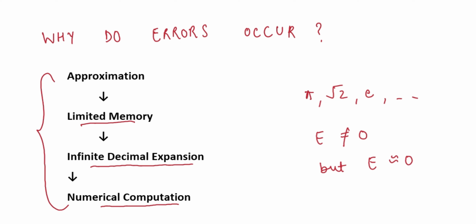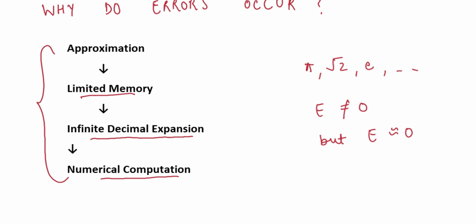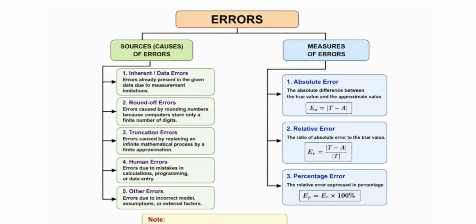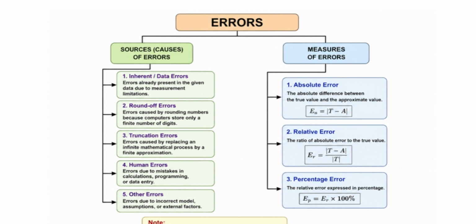Whenever we solve a mathematical problem numerically, we usually obtain an approximation rather than the exact answer. Therefore, understanding errors becomes essential because it helps us to judge the quality and reliability of our numerical solution. Errors can be understood from two different perspectives. The first one is where did the error come from?